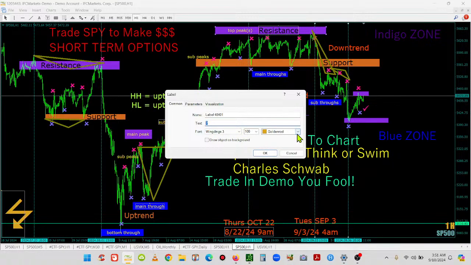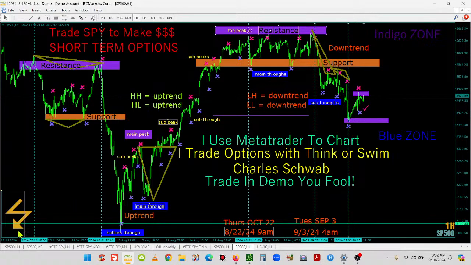Originally it was navy color, but I changed it to goldenrod because gold is what we're going to make. And the reason this symbol is important is because it's saying to look back in order to have a future. So we want to understand the past market in order to predict the future market.